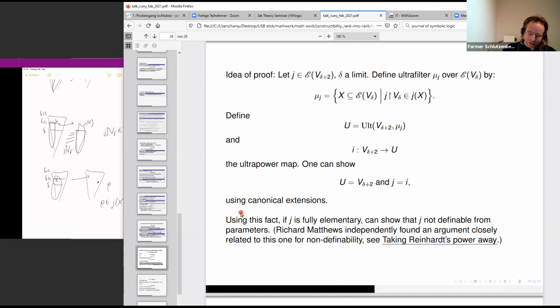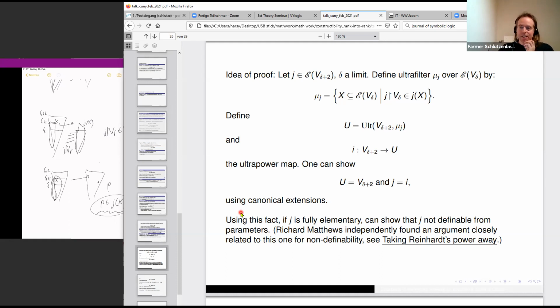Once you've got that, you can run the argument from before: look at the subsets of X that give you parameters that give you sigma n elementary maps and so forth. But this is what we get because it's an ultrapower. The fact that V delta plus 2 is exactly this happens when you have an ultrapower.